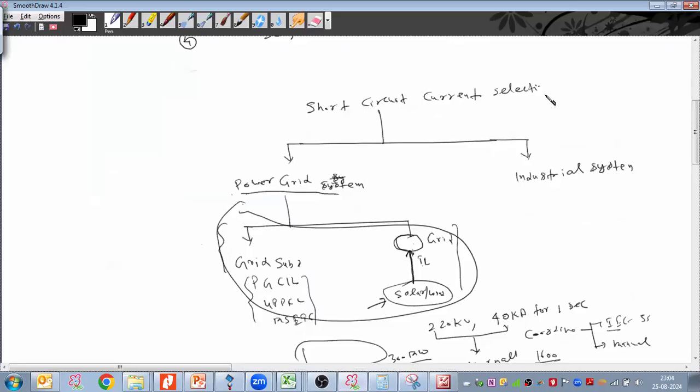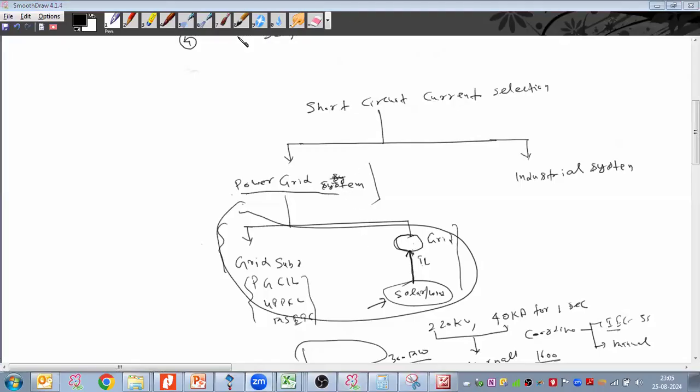I have a doubt, sir, about the power grid system. Will this depend on the frequency system, 60 hertz and 50 hertz? I'm not 100% sure, but I can guess that it may depend.